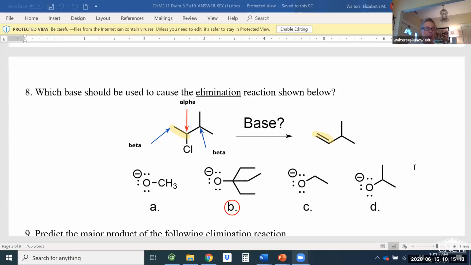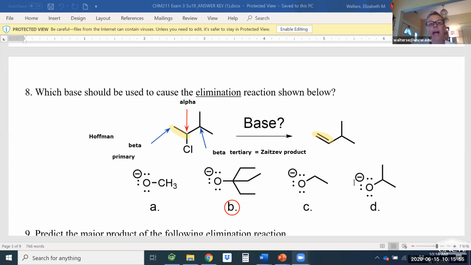This here is tertiary. This one over here is primary. If you pull from the tertiary carbon, you would make a Zaitsev product, the more highly substituted alkene. If you pull from the primary, you're going to make the Hofmann product.